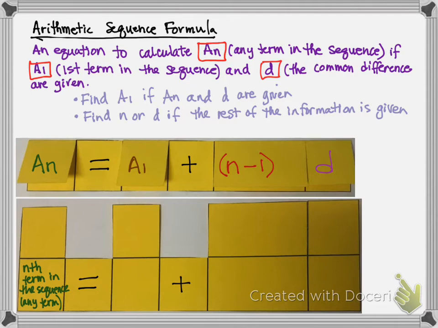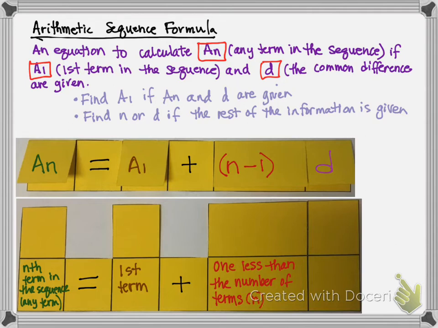Our a sub 1, we just mentioned before, is your first term in the sequence. The n minus 1 is 1 less than the number of terms. And that's our n value.